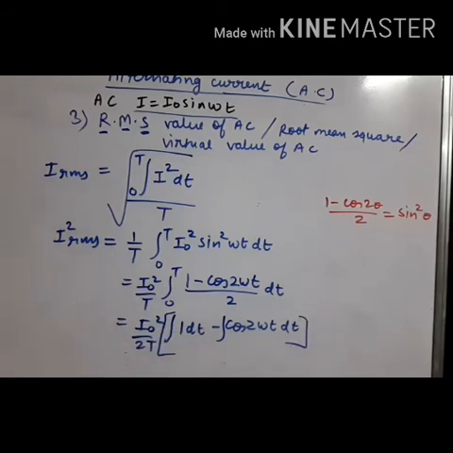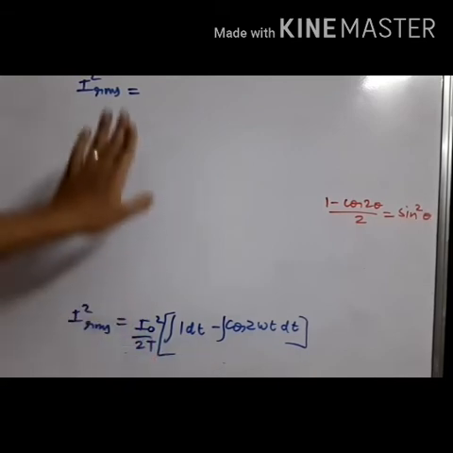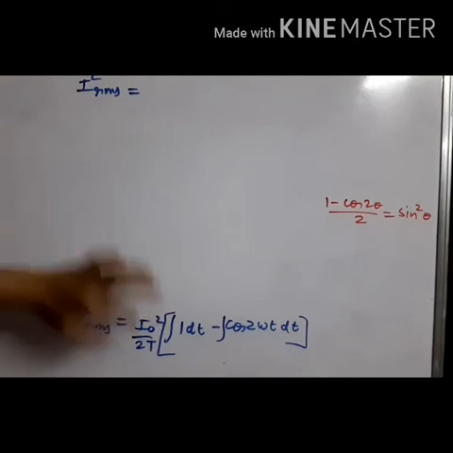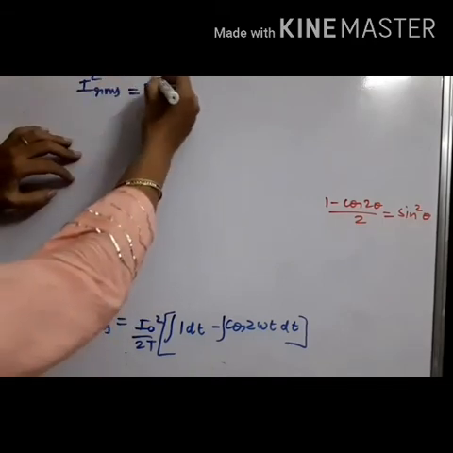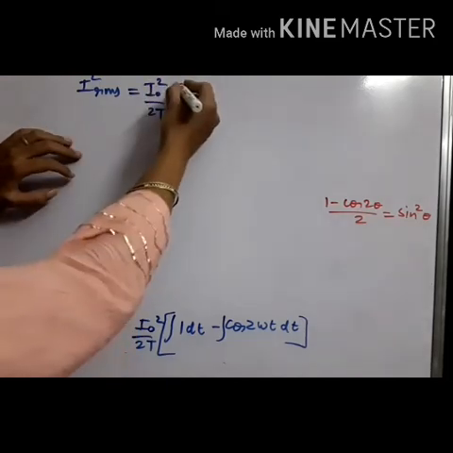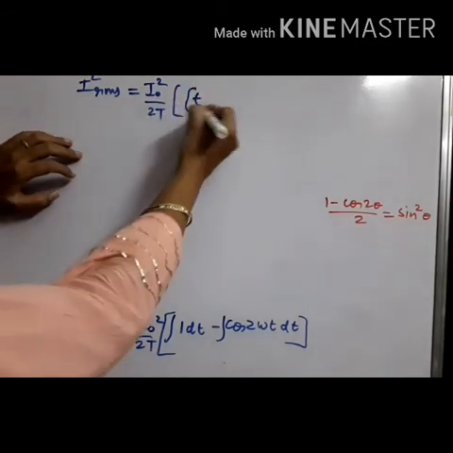We will be solving and we will be putting the limits also. Note down. So our last answer is this. I am now solving from here. I square RMS, I0 square by 2T is out as a common. Now integration. Integration of 1 dt is t, but we have to put the limits.